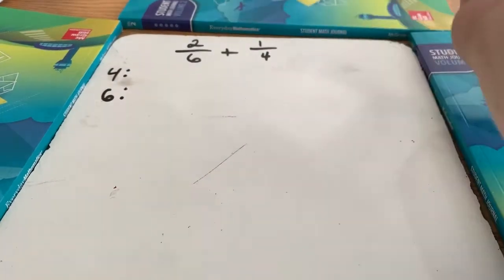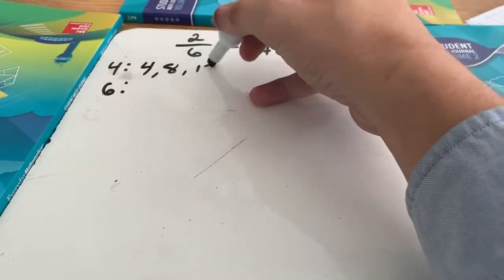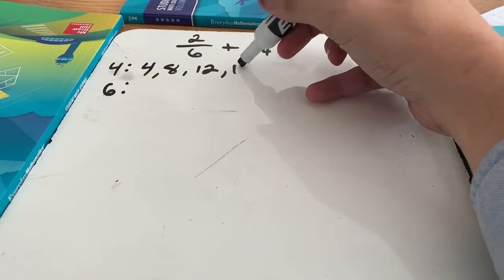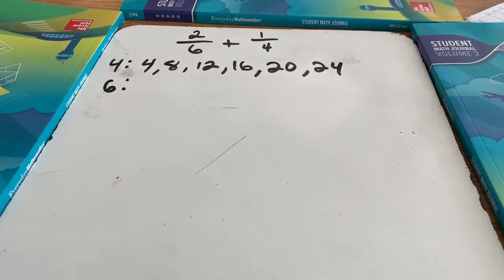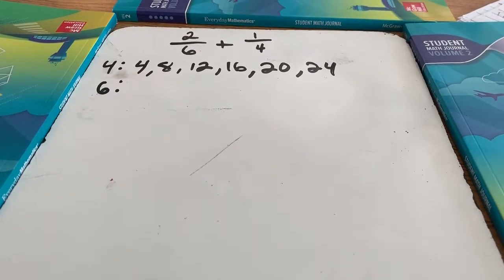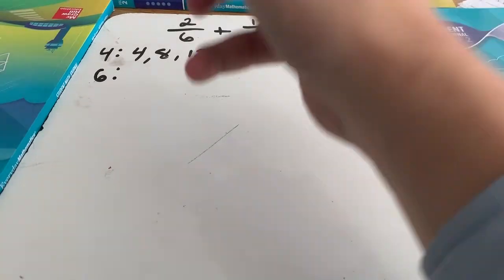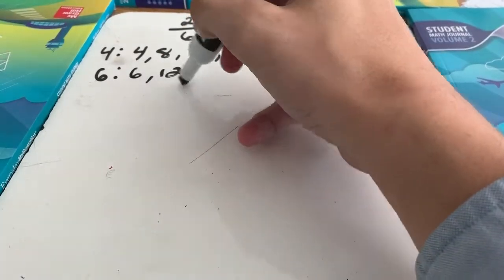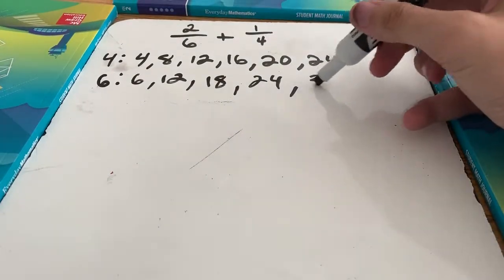So if I list my multiples of 4, I have 4, 8, 12, 16, 20, 24, and then I'm going to list some 6s. If I don't need to keep going, I won't. If I do need to keep going and list more, then I will until I eventually come to a right answer. So I'm going to list 6, 12, 18, 24, and 30.